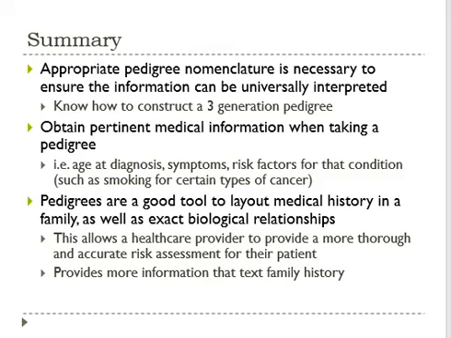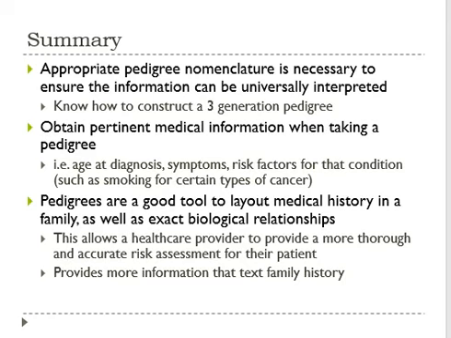So in summary, appropriate pedigree nomenclature is necessary to ensure information can be universally interpreted. It's important to understand how to construct a 3-generation pedigree. It's helpful in finding pertinent medical information.